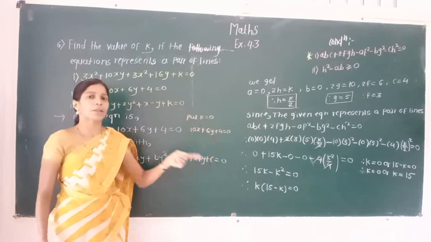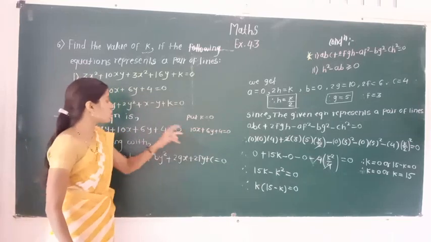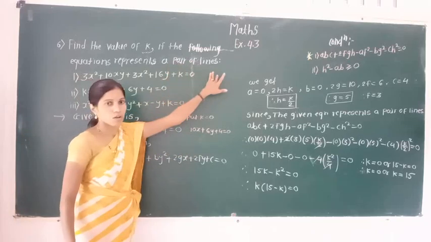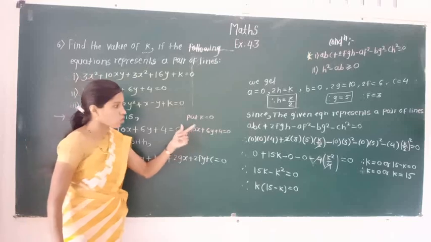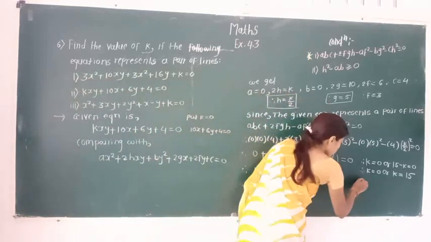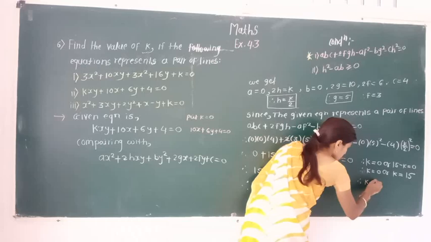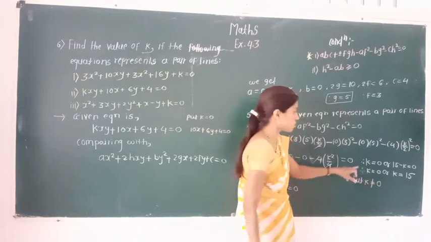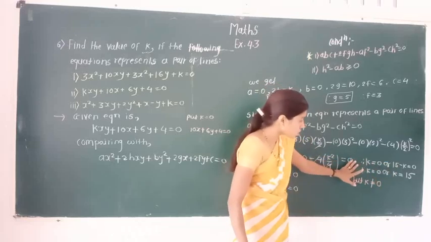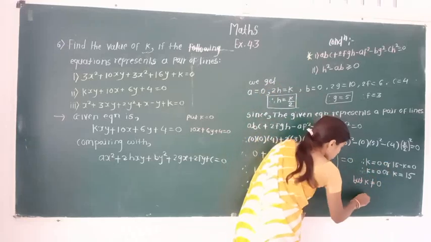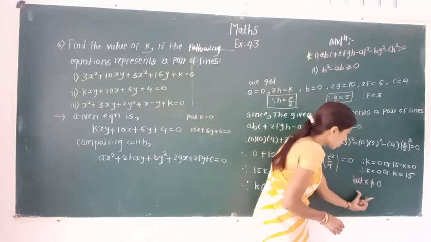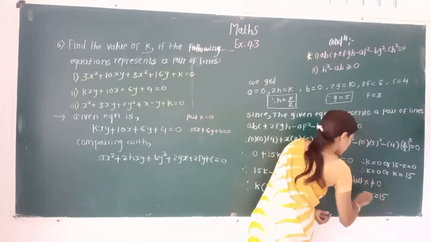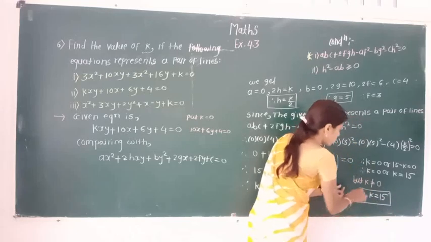This equation represents only one line, but the given equation must represent a pair of lines. So we can't take the value of k as 0. Therefore the value of k is not equal to 0, because for k equal to 0 this equation does not represent a pair of lines. Now the value of k is 15, and it is the correct value of k.